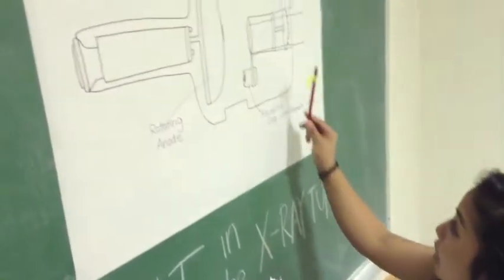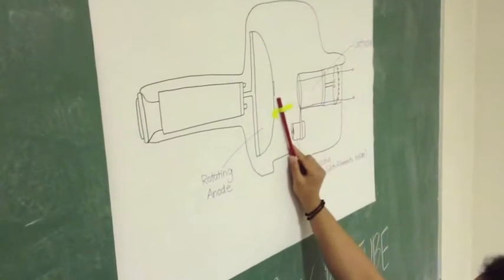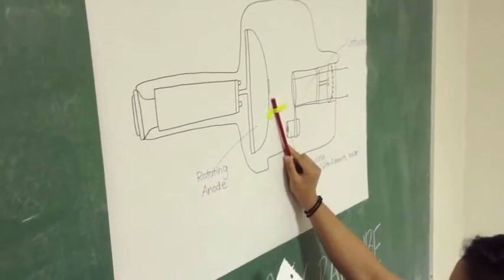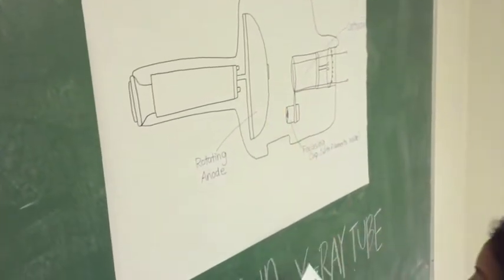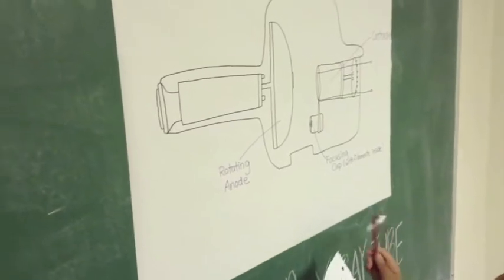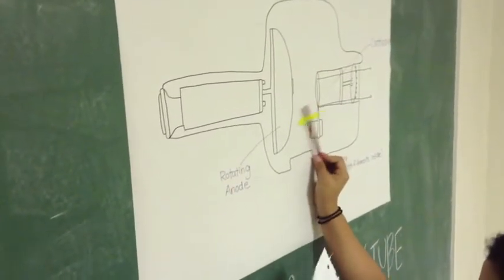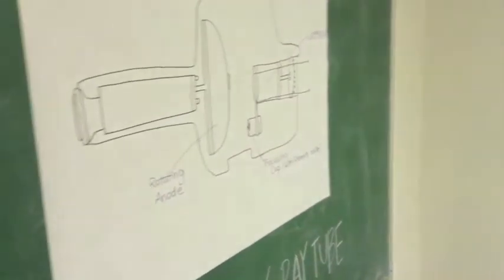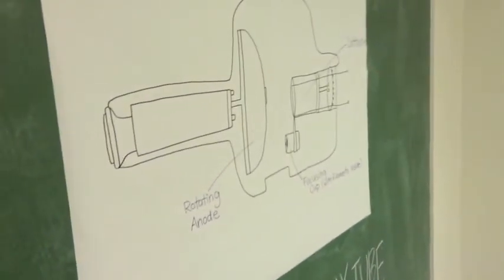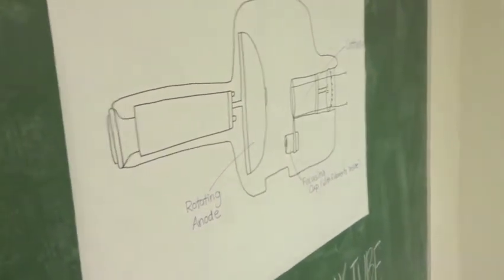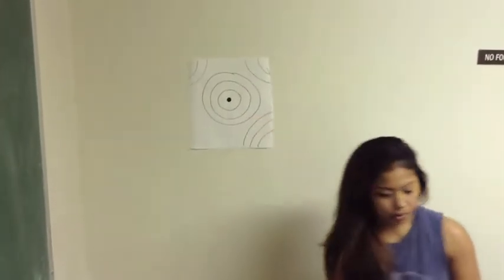Most of the kinetic energy of the projectile electrons from the cathode is converted to heat by interactions with the outer shell electrons of the target atoms in the anode. These interactions are primarily excitations rather than ionizations. And I'll show you here at the target atom what happens.